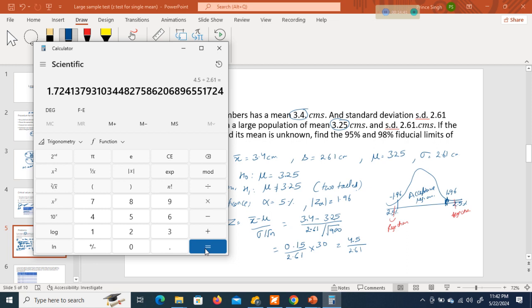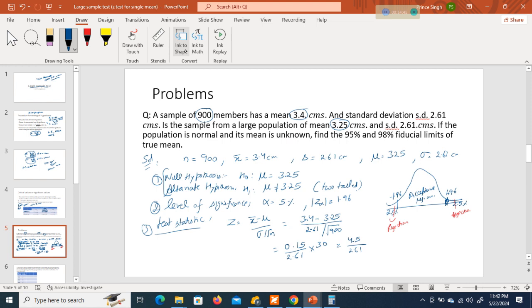So its value is 1.724. What do we find out here? This is the calculated value of Z. So Z calculated comes out to be 1.724, and the value of mod Z is 1.96.